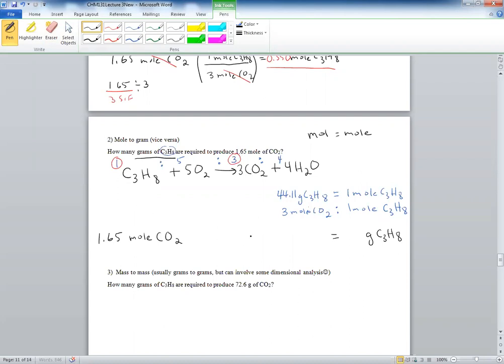Okay, so dimensional analysis all over again. All I need to do is make sure I know how they fit in here. So if I have moles of CO2, I'm going to look for the one that has moles of CO2, and that is this one right here.